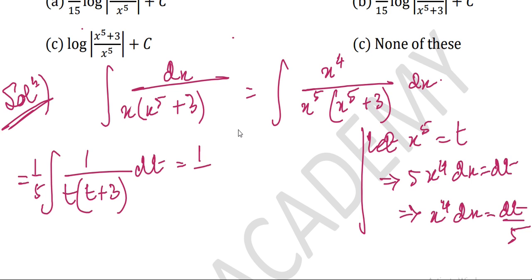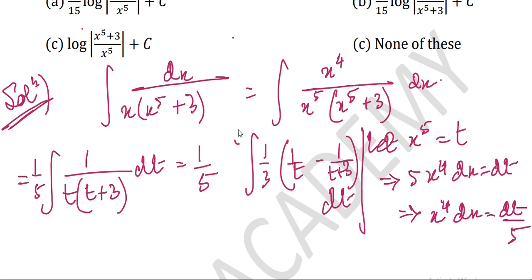Like here, if you see, we have 1 by 5, and we can write this as 1 by 3 multiplied by (1 by t minus 1 by t plus 3). If you see, I have already adjusted this. See, t plus 3 minus t, so t gets cancelled, and you have an extra 3 over here. For that, I have taken a 1 by 3 over here.